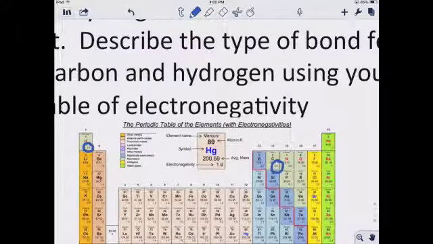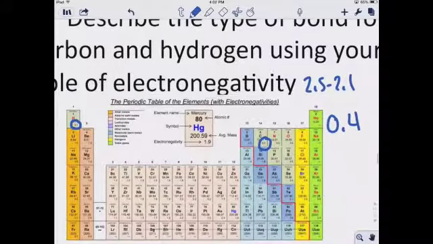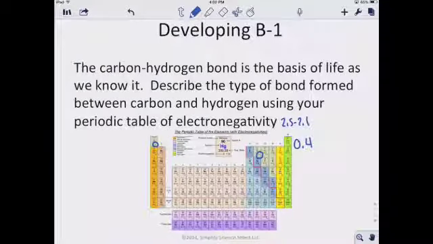So the difference, 2.5 minus 2.1, is going to give us something right around 0.4. And since it's right around 0.4, that difference in electronegativity is going to give us a nonpolar covalent bond. Basically they're really close in electronegativities, so they're going to be nonpolar. They're going to share equally.